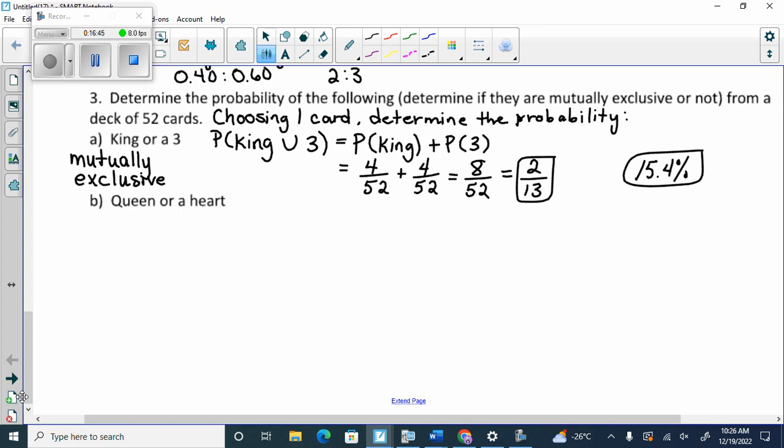So we want the probability of a queen or a heart. Mutually exclusive or not? Not. There are queens that are in hearts, correct? There is a queen of hearts, is there not? So it's not mutually exclusive, which means I'm going to count the queen of hearts twice.